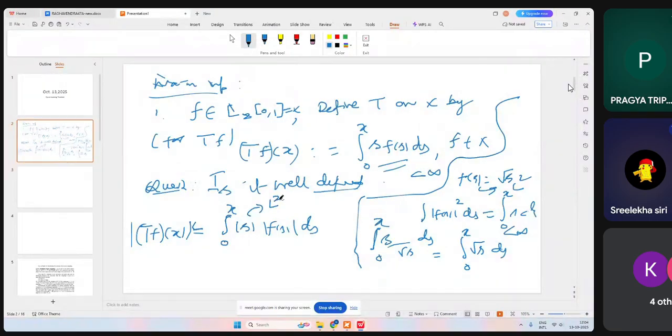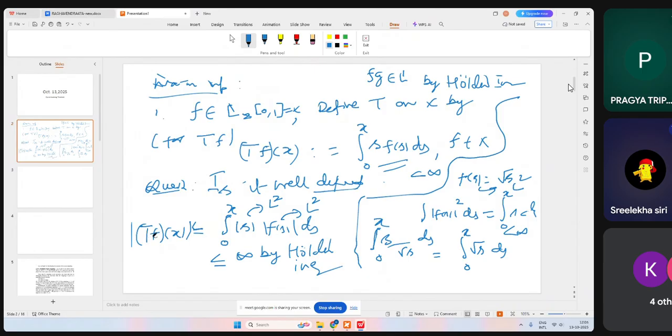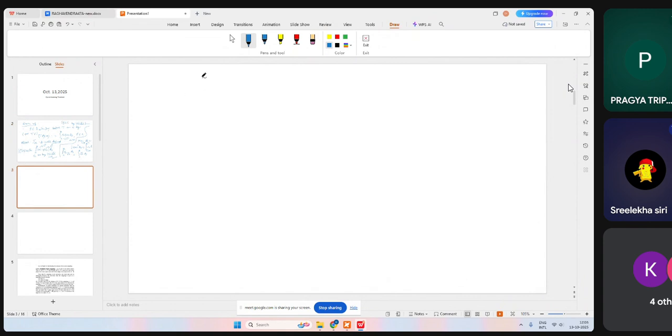This is in L2, this is in L2. So the integral of fg is in L1 by Holder's inequality. So this is finite by Holder's inequality. Is it clear? Yes, sir. So what it says is this Tf is well defined.